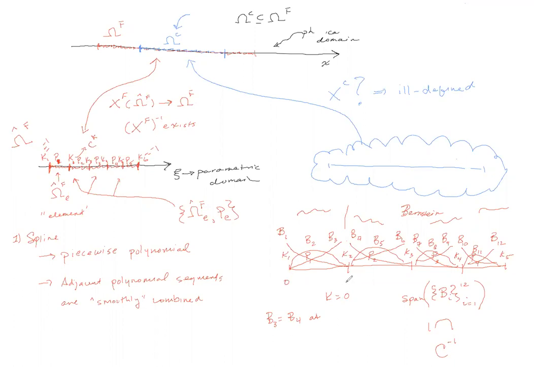Let's call this like 0, 1, 2, 3, 4. Right, so we want B3 to be equal to B4 at 1. We want B6 to be equal to B7 at 2, and B9 to be equal to B10 at 3.